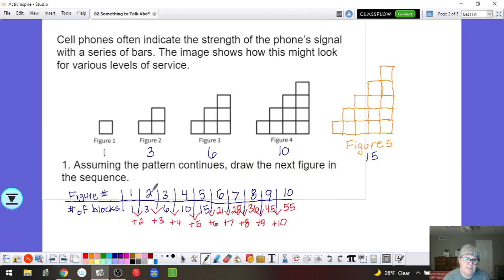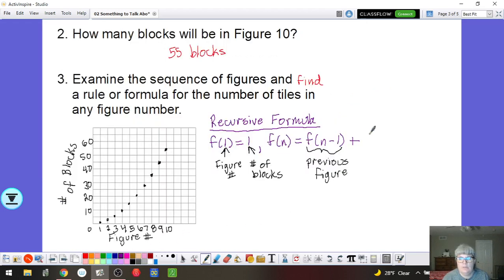To get the second figure, I added 2. To get the third, I added 3. To get the fourth, I added 4. To get the fifth, I added 5. So what I end up adding is the figure number. So we're going to do plus n, because that n is our figure number. So that's the recursive formula.